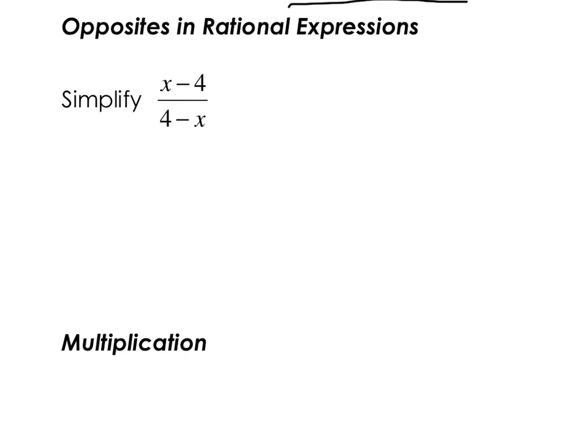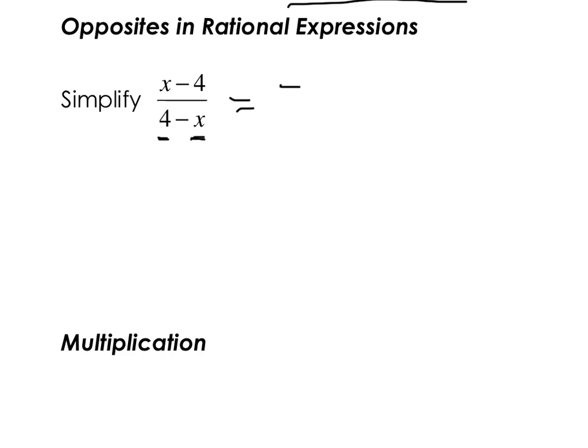Opposites in rational expressions. Boy, that's something interesting too. This x minus 4 and this 4 minus x, you're tempted to cancel them because they look so much alike. But there's a trick involved. X minus 4, I wish the 4 were positive because the 4 in the denominator is positive. And I wish that that x were negative like the 1 in the denominator.